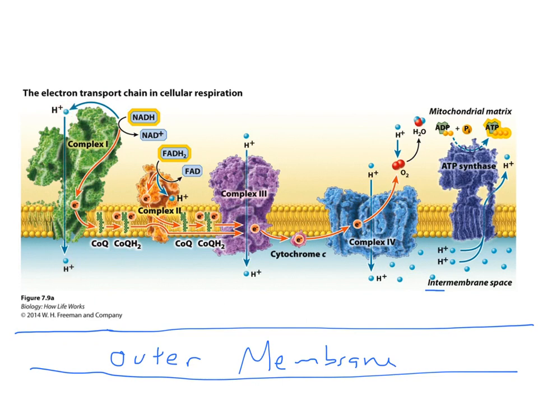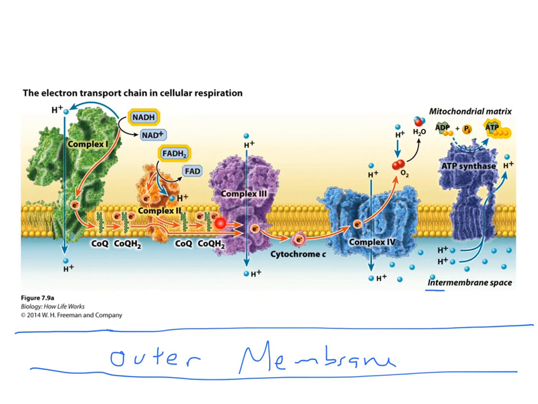The electrons are deposited on coenzyme Q. Coenzyme Q takes those 2 electrons and migrates to complex 3. Coenzyme Q is diffusible through the fatty acid tails. It's a hydrophobic molecule that can hang out amongst the fatty acid tails of our membrane and migrate as a shuttle. Now, ignore complex 2 for now.